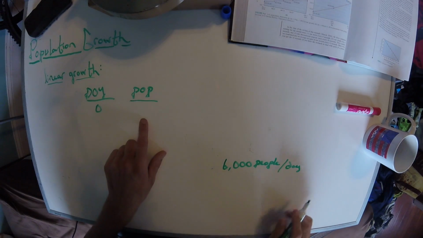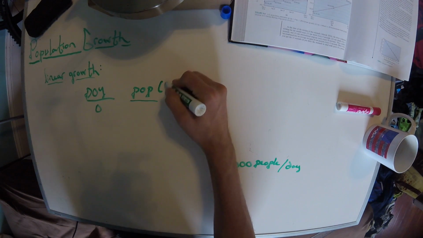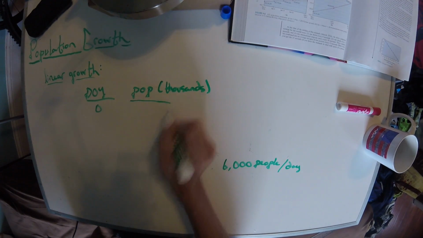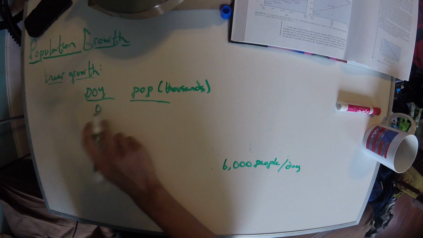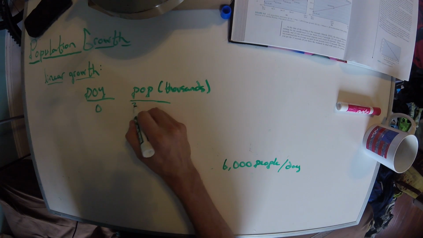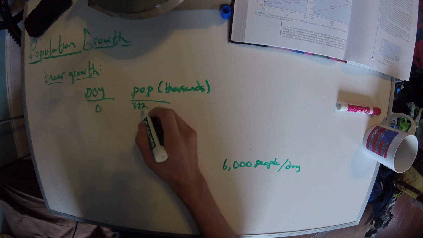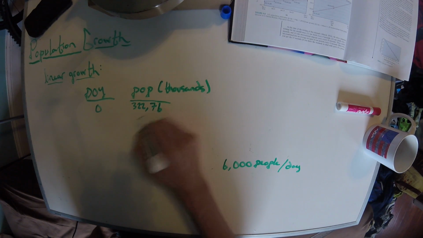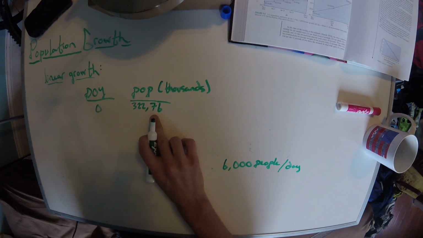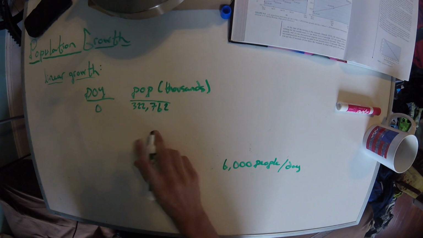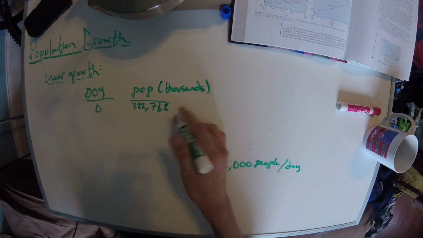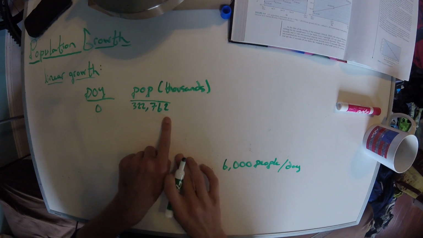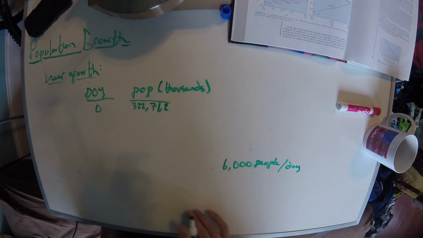And let's say that on this day, and this is population in thousands of people, let's say that on the first day, day 0, there are 322,762,000 people. If you did this in people, there would be 3 more zeros, but we're doing this in thousands of people.